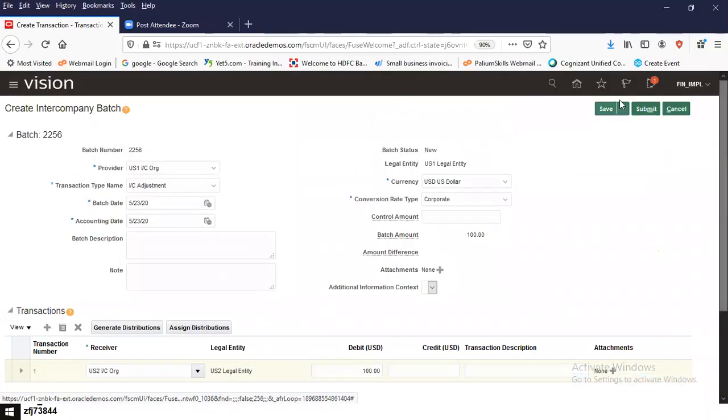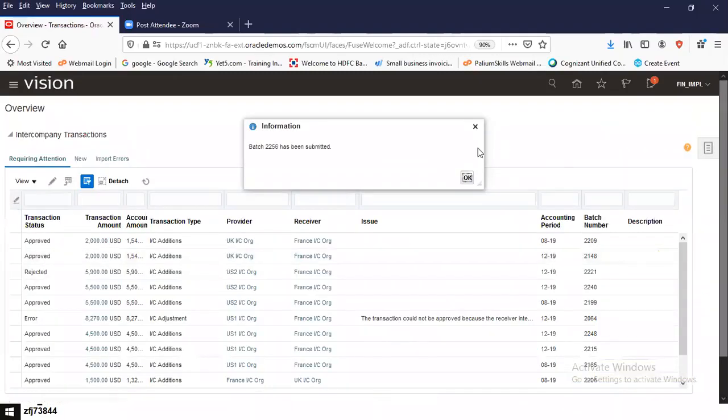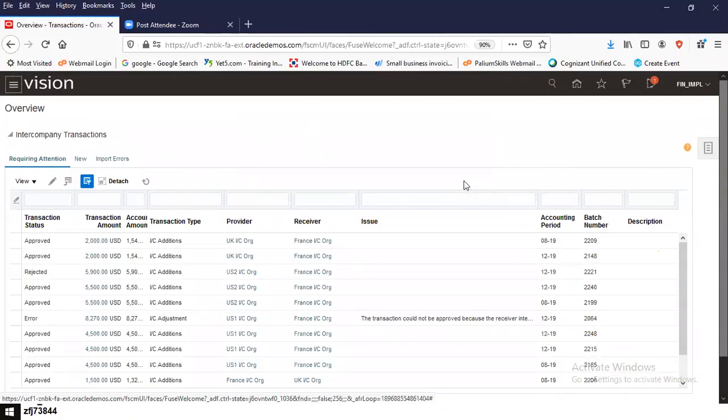Now, once this is done, we'll submit this. So here you are entering the intercompany transactions, and then we will go and review the intercompany transactions.